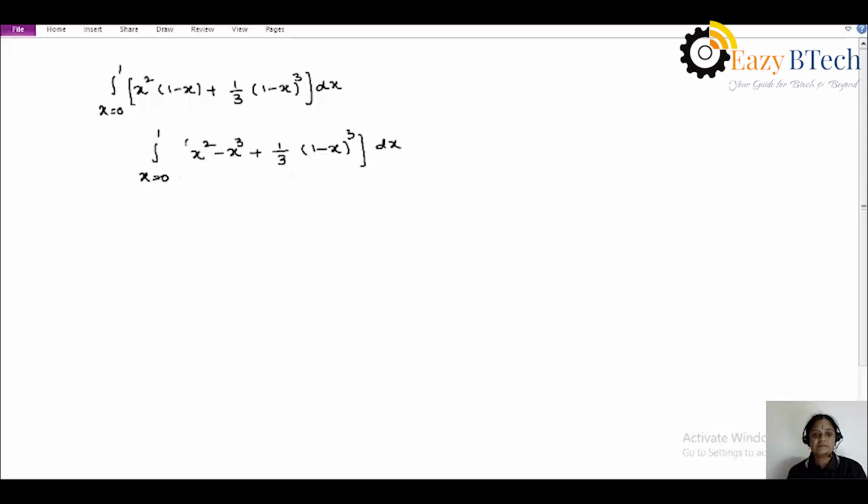So now divide the individual integrand terms. Then integral x from 0 to 1 of x square dx, minus integral from 0 to 1 of x cubed dx, plus 1 by 3 integral from 0 to 1 of 1 minus x whole cubed dx.